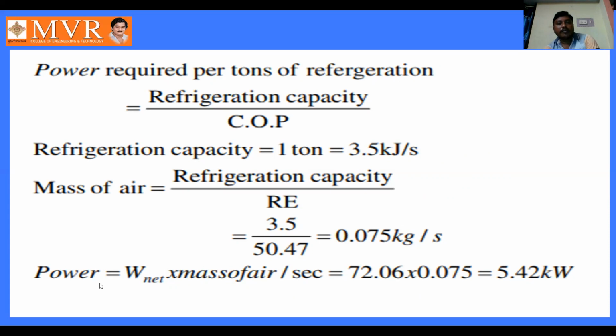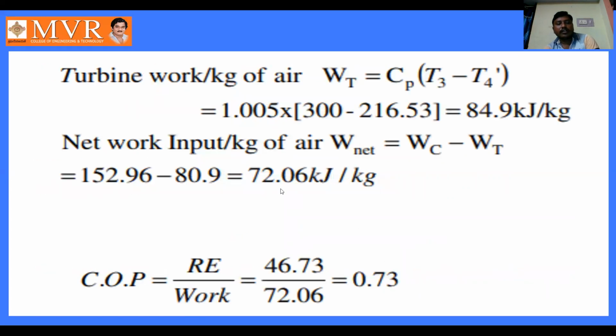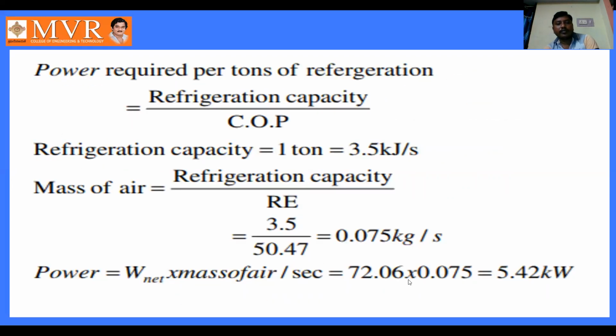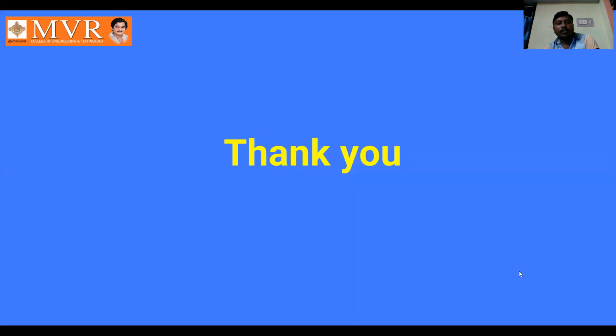Then for calculating the power, it is equal to the net work done into the mass of air per second. The net work done is 72.06 into the mass of air per second, 0.075. Hence we have got the power as 5.42 kilowatt.